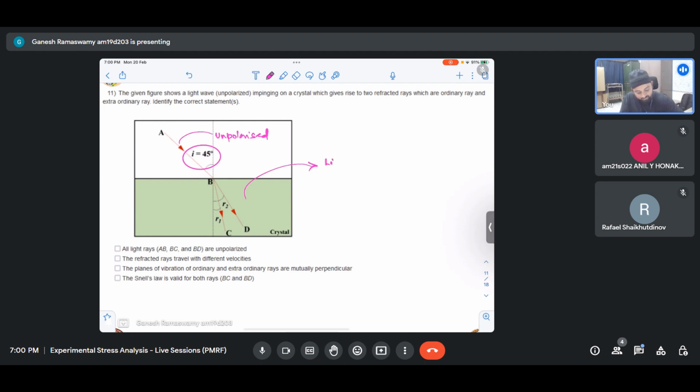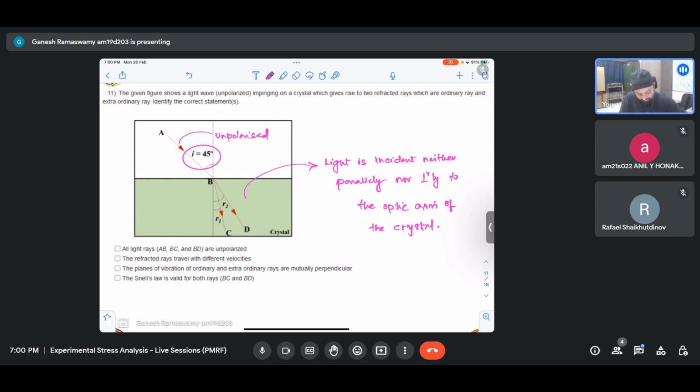So the light in this case is incident neither parallelly nor perpendicularly to the optic axis of the crystal. Whatever we discussed above follows from that.